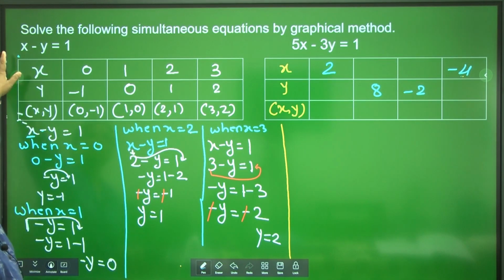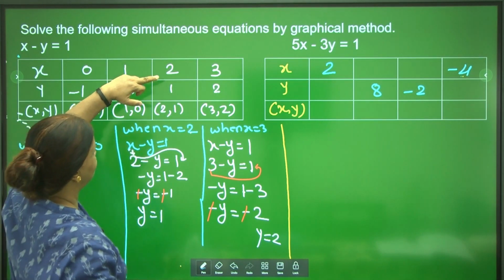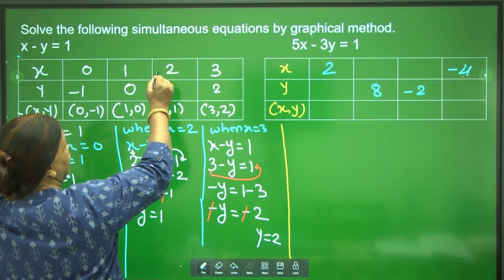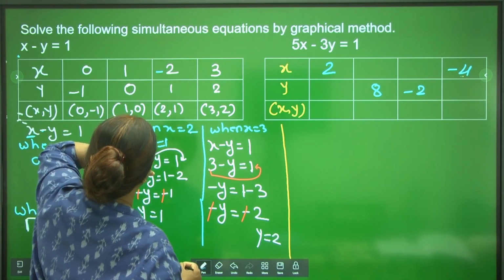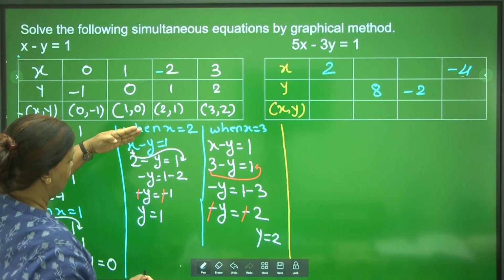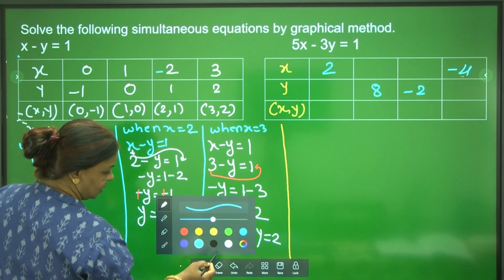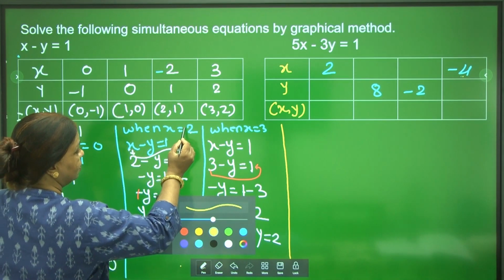Children, this one is an activity which is given in your textbook. Here instead of 2, we have to take minus 2. So when I am taking minus 2, what will be my y coordinate? We just have to change sign.